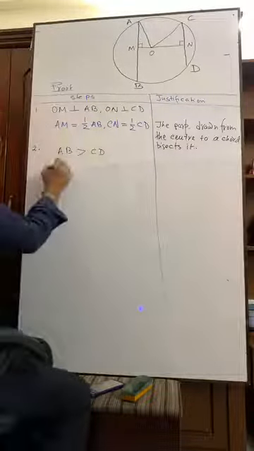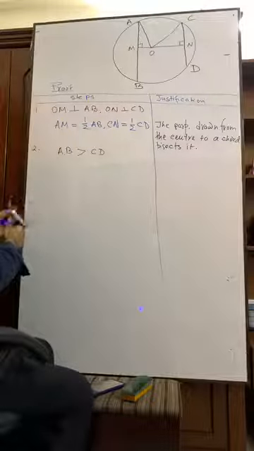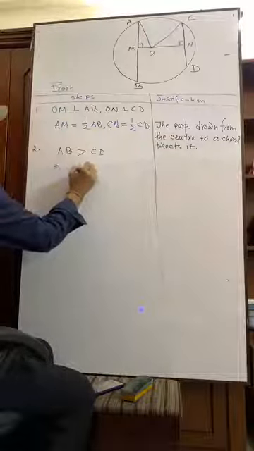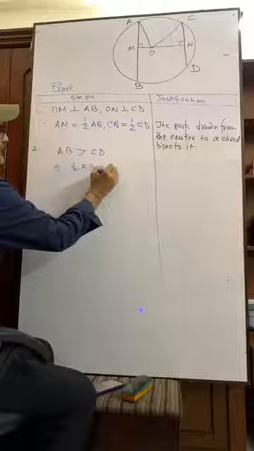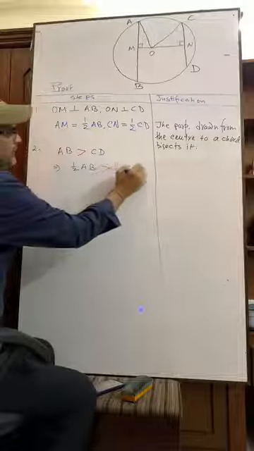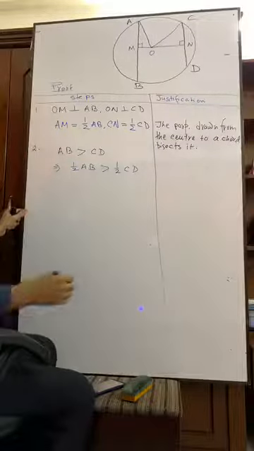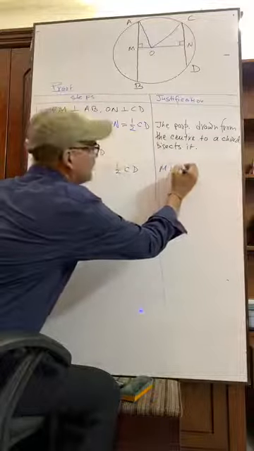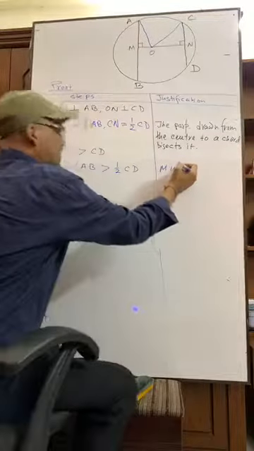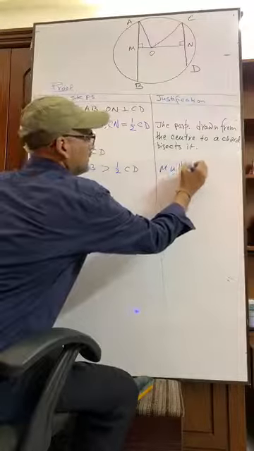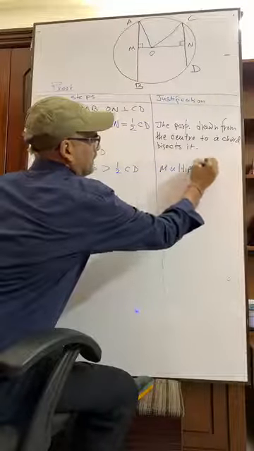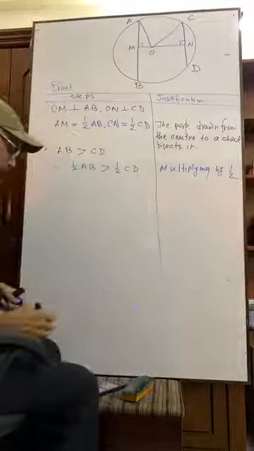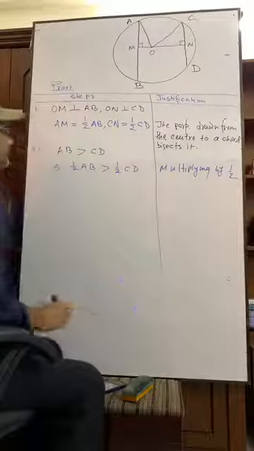That means half of AB is greater than half of CD, multiplying by half. We have multiplied by half.